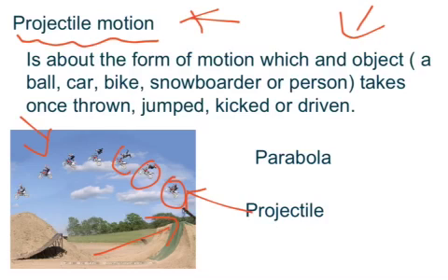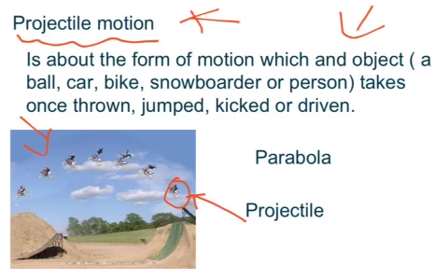Obviously if that's a rugby ball and it's being kicked, that is our projectile. Same thing if it's a tennis ball or a cricket ball or a baseball or a shot put or a discus, that's the projectile. It's the one that's actually traveling in the air. So just to make that nice and clear, we've got our projectile over here, which is our cyclist.